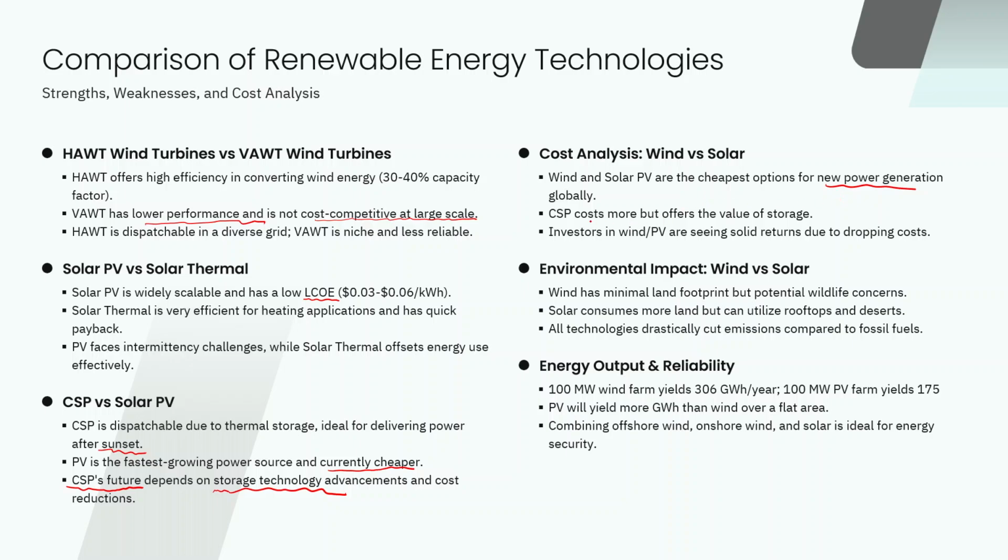And concentrated solar power costs more, okay, compared to the wind and the solar PV, but it offers the value of storage, right? So easy storage compared to the wind and solar, because wind and solar, if you're looking for the storage, you have to go for battery storage, or with the modern technology you can go for the hydrogen storage and the fuel cells as well, but this technology is still developing and very very costly at the moment, right?